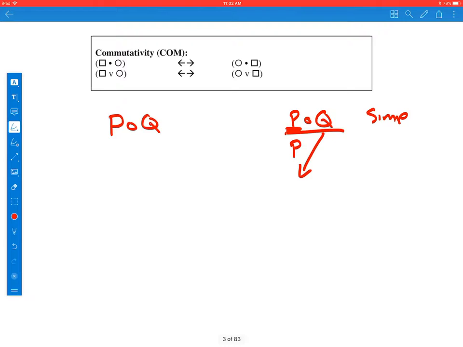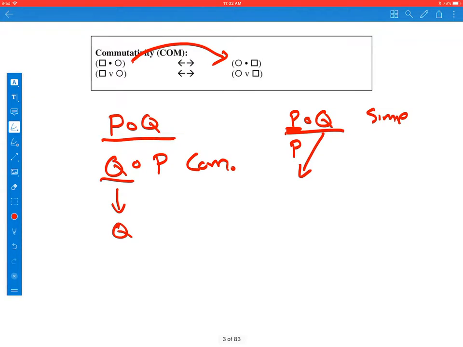Simplification only allowed us to simplify the left-hand conjunct. Well, here is our workaround that I mentioned previously. If we have P and Q, we may replace that by Q and P, and our justification is commutativity. Okay, and then we could simplify to the Q if we wanted to.